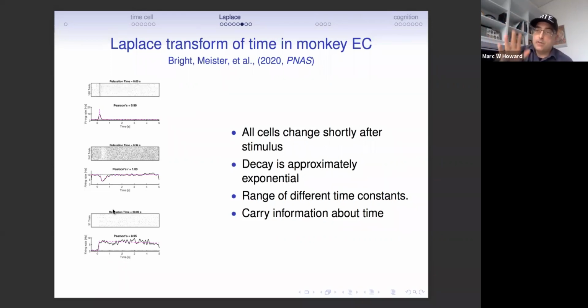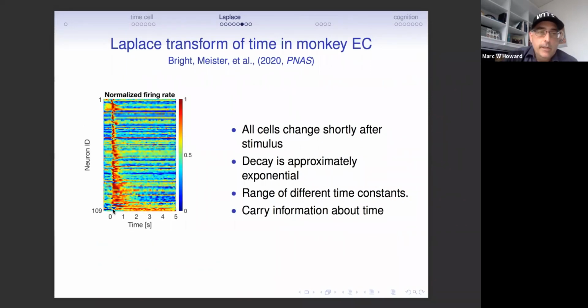Most of them are excited, but there's some that are inhibited at around the time the image is presented. And then they relax back to baseline at different rates, with different time constants. Okay. And so here is a plot of all of those cells sorted in much the same way one would for time cells.